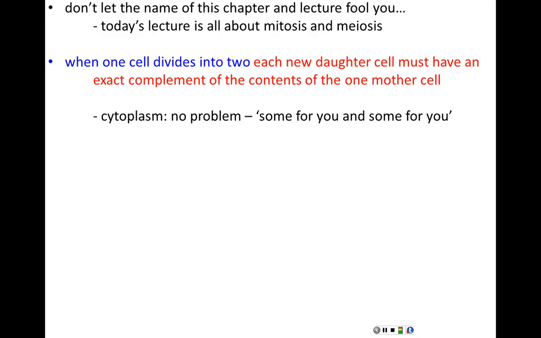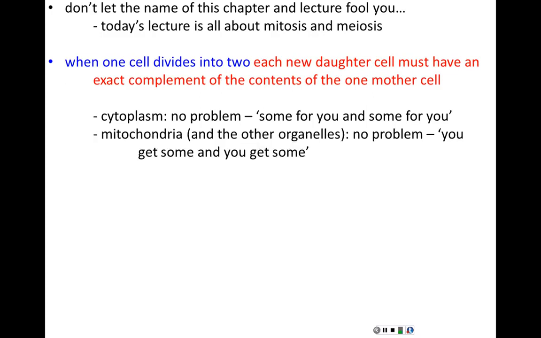So we can divvy up the cytoplasm by just dividing the cytoplasm in half, and each new daughter cell gets half of that cytoplasm. Same for the organelles. The mitochondria, the endoplasmic reticulum, same idea. You get some, and you get some. But see, there's a problem with the nucleus. The nucleus is the one organelle in the cell that is unsplittable. There is only one.